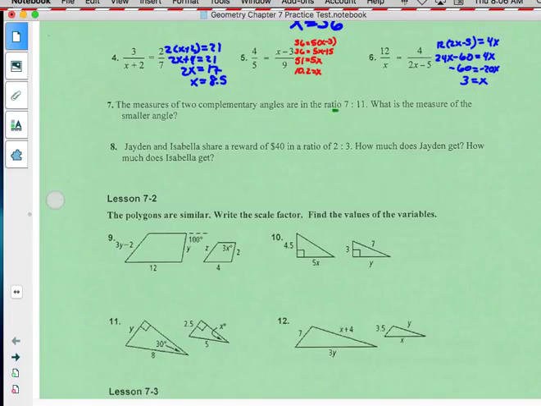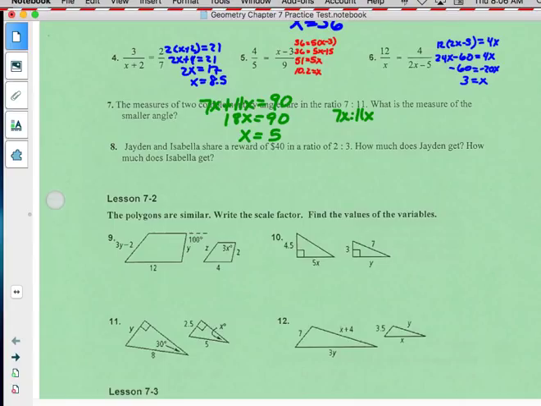And this extended ratio could be written like this. And now I'm going, oh, complementary angles. So I've got 7x plus 11x is equal to 90. And now I've got 18x is equal to 90. And I divide by 18. And I'm going to find that x is 5.